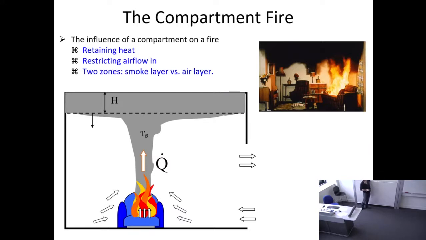And when you have a door or a window, new or old, you have the arrival of oxygen through that. So in a compartment, there is a very important coupling between fluid mechanics and thermodynamics, and the vents, windows or doors, have a very important role to play.